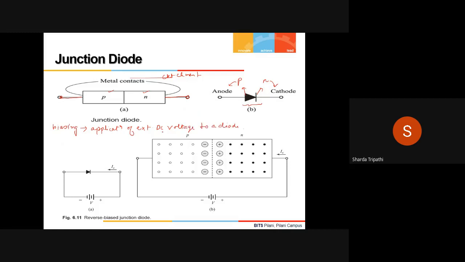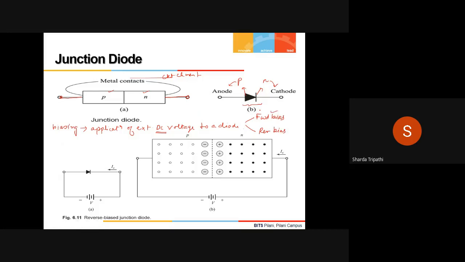Keep in mind that here we are talking about the DC voltage and not AC voltage. So whenever you apply any positive or negative voltage across this diode, we say that we have biased a diode. And then there could be two possibilities to bias a diode. The first possibility is forward bias and the second possibility is reverse bias.